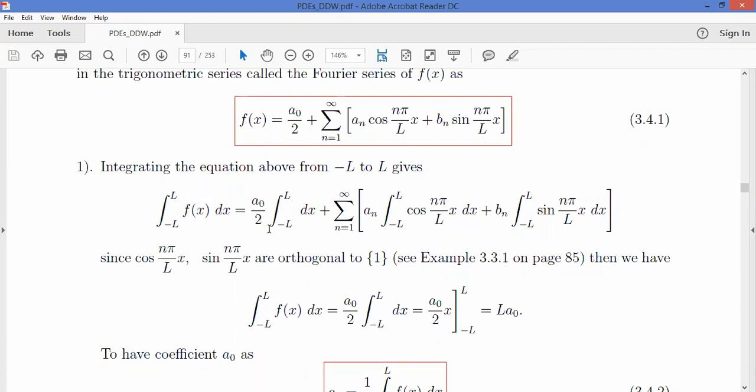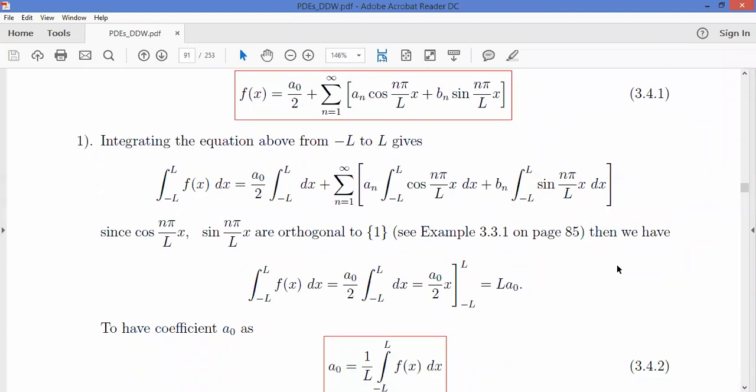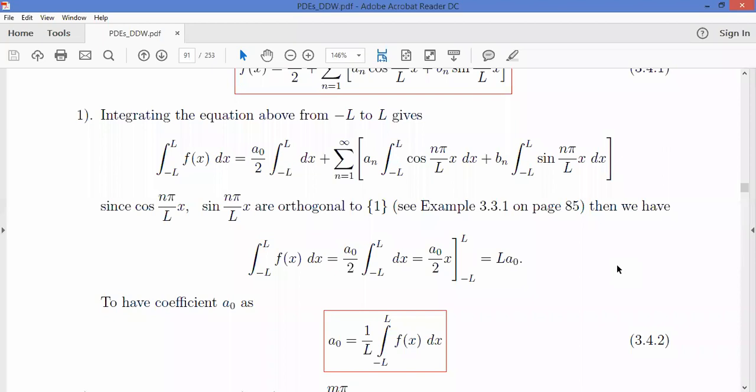That is a naught over 2 dx, and then you move the integrals inside, as the properties allow, so the integral can enter into the summation. You have the an, you integrate this function, and you integrate that function. Now what is happening here?